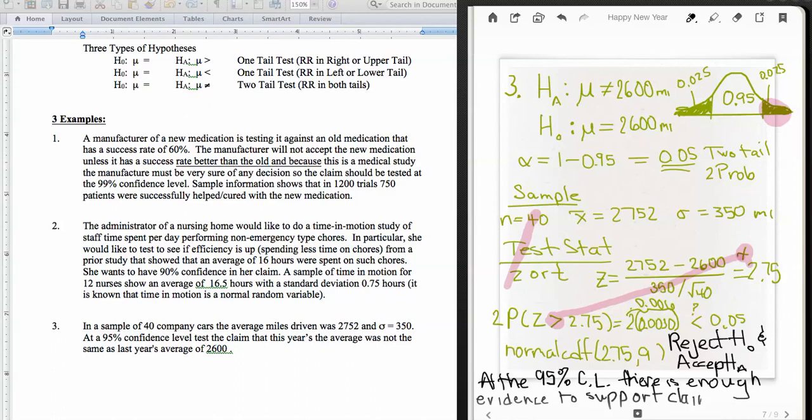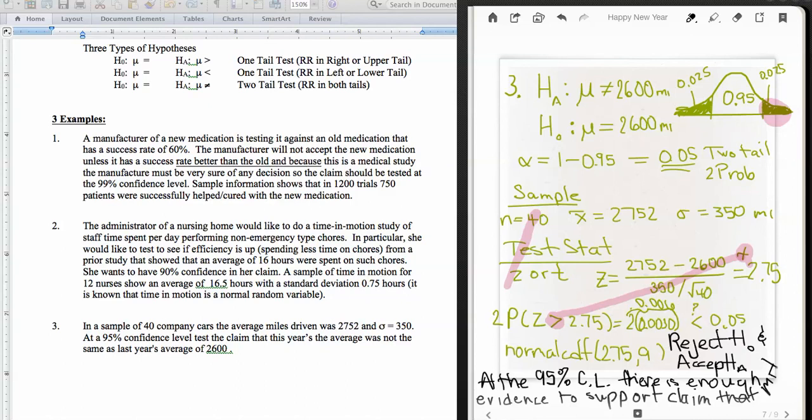Now we don't know if it's different bigger or different smaller. You can't make that claim. You just want to support the claim that mileage is different. So it looks like it's bigger, right? But you can't literally say that unless you go back and do another test.